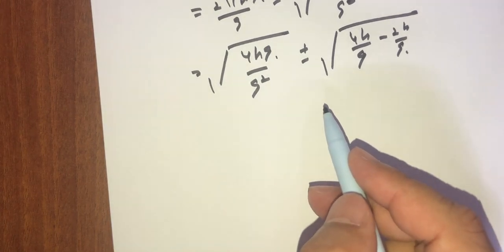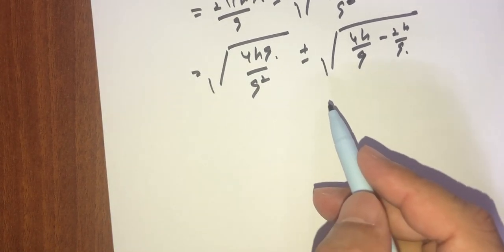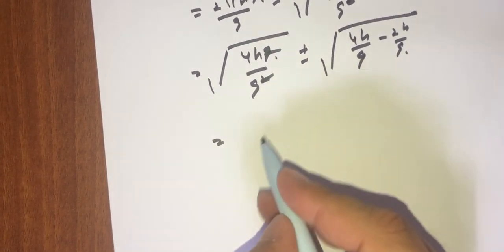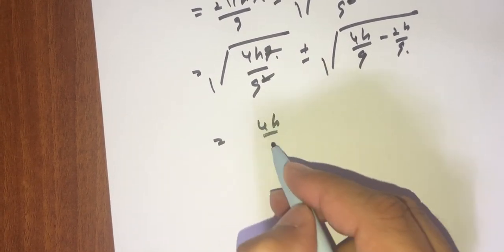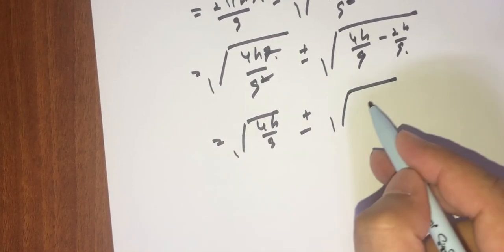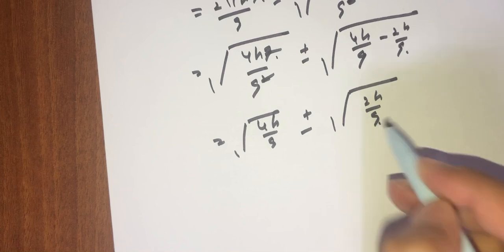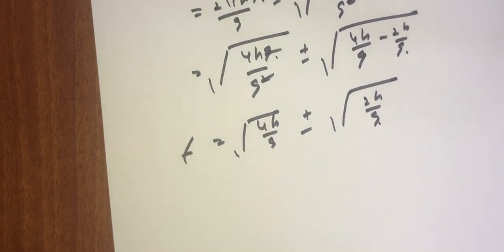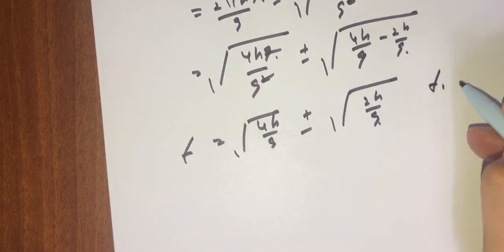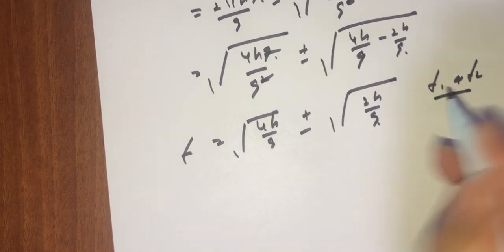So considering only the positive values, g cancels out with g. Let me write first of all, this is 4hg plus minus 2hg upon g, so this will be t. So let us suppose the roots of t are given as T1 and T2.